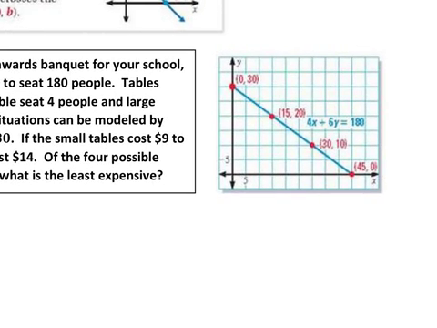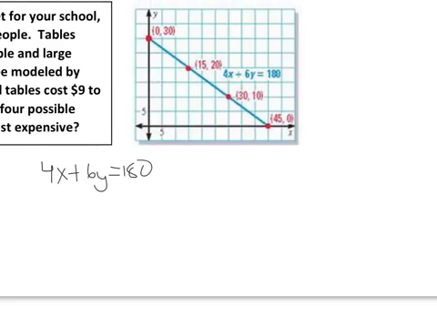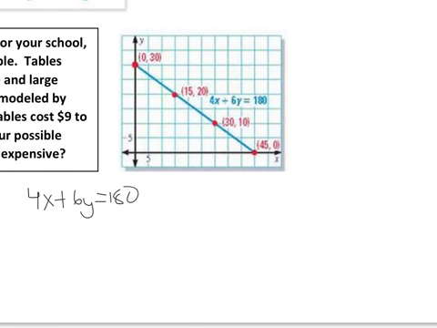So I look. So they have 0, 30, 15, 20, 30, 10, 45, 0. What we need to do is utilize this equation, plug in and calculate. So let's start with the y-intercept, moving left to right. Oh, wait.